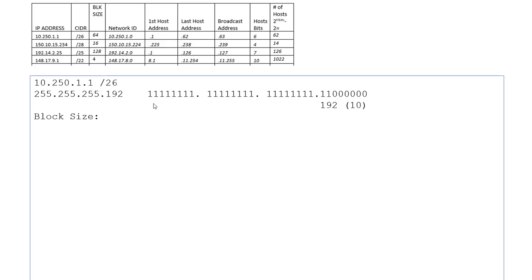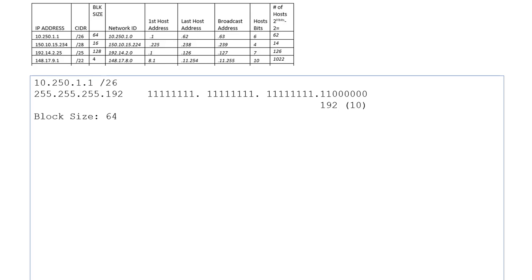So here we've got all of our bits right here. Okay, the rightmost bit is right there. Okay, so what's the value of that bit? If you look at your powers of 2, that bit is equivalent to a 64. So our block size is 64.